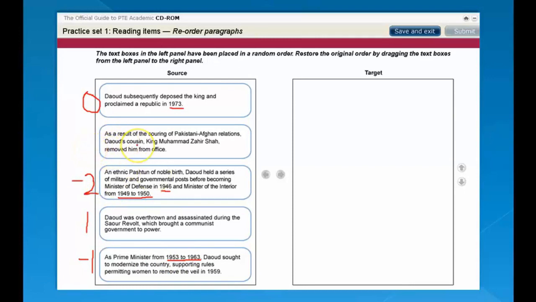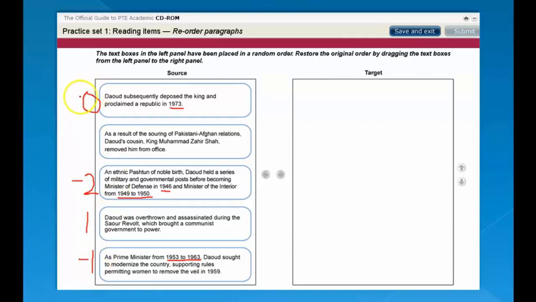And this probably occurs before being deposed by a king. So, this one is the tricky one. And where do you place this? I would probably place this between -1 and 0.